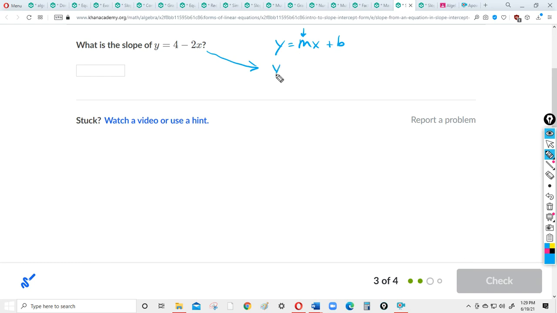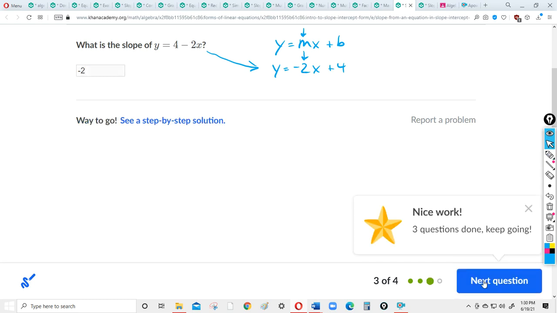I'm going to write y equals negative 2x plus 4. It's the same thing. And you can see that m is just negative 2. Alright, the y-intercept is 4, but they didn't ask for that. So m is the slope, and you just put negative 2 in the box.